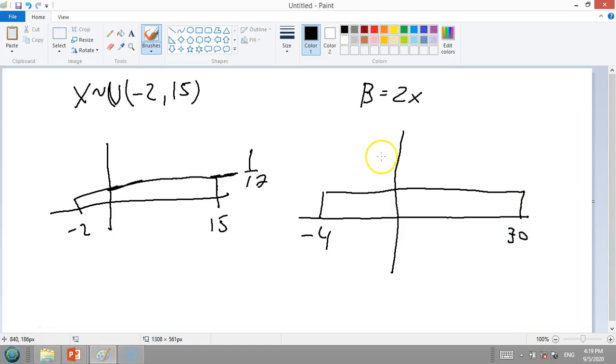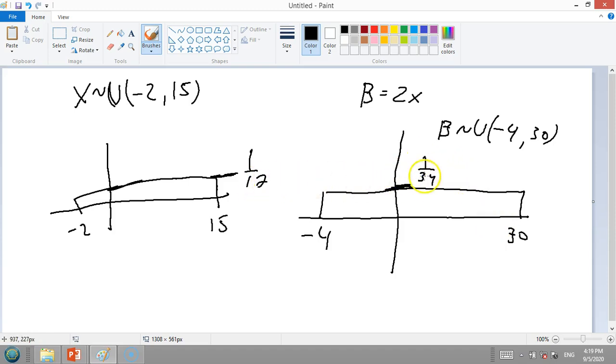So B will be distributed uniform between -4 and 30, like this. Now, what is the height here? Well, it depends on how long the base is, 34 units, so 1 over 34.